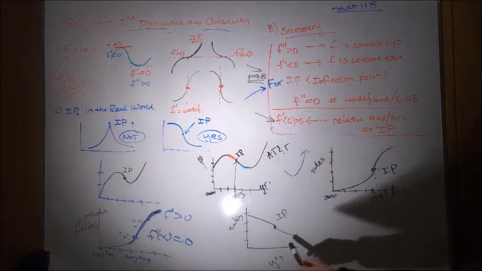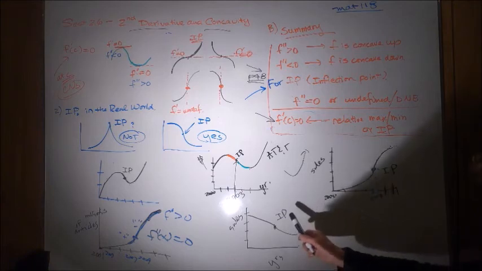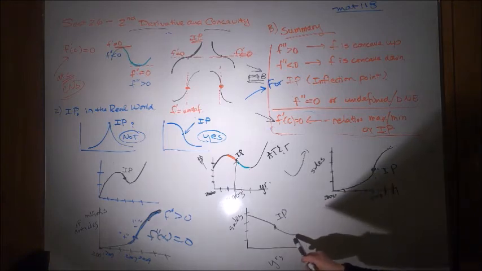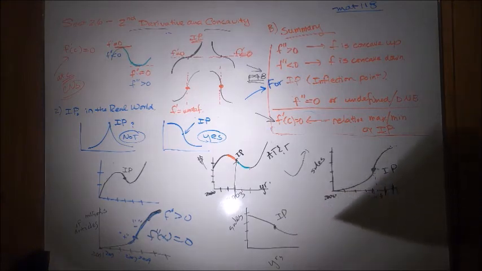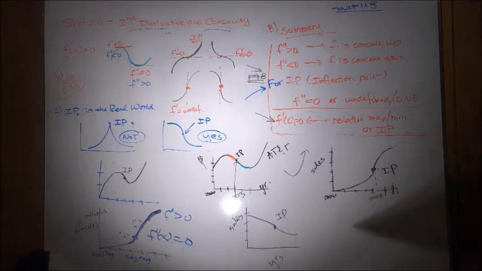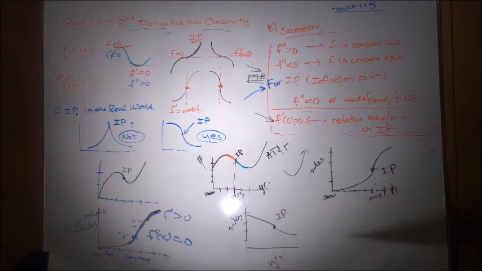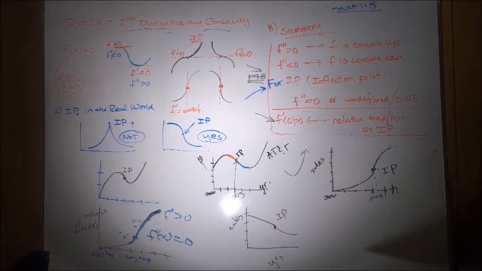So this one is showing the sales of analog cameras. But once digital cameras came out, now it's like cell phones, right? So hardly anybody uses analog cameras anymore.